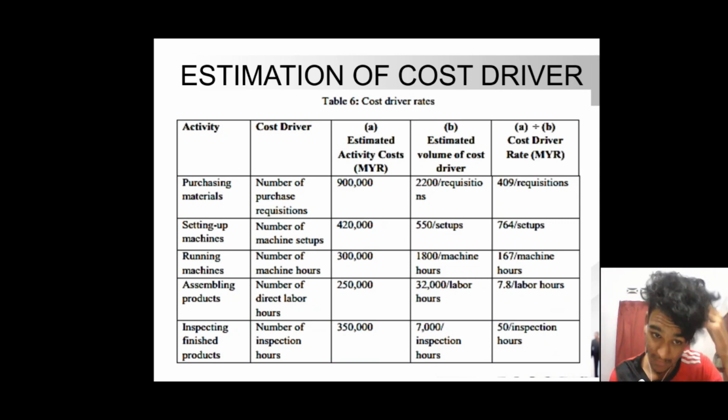For purchasing materials, 900,000 divided by 2,200 requisitions, and you get 409 per requisition. For setting up machines, it's 420,000 divided by 550 setups, and you get 764 per setup. For running machines, 320,000 divided by 1,800, and you get 167 per machine hour.